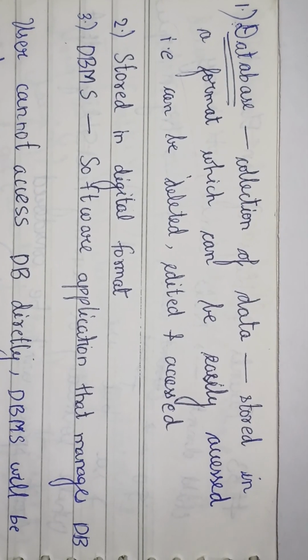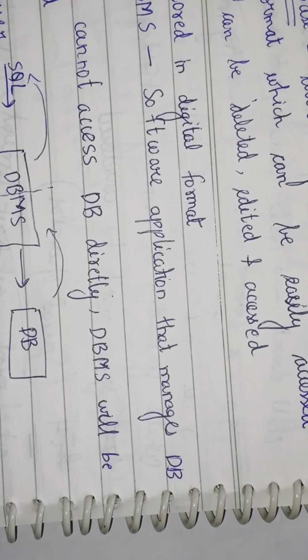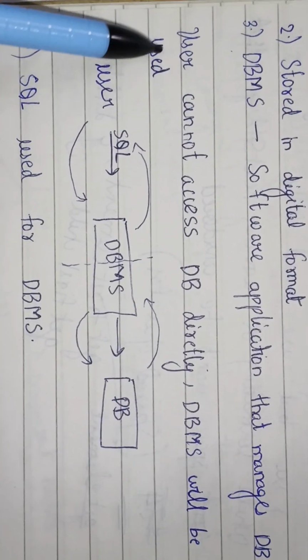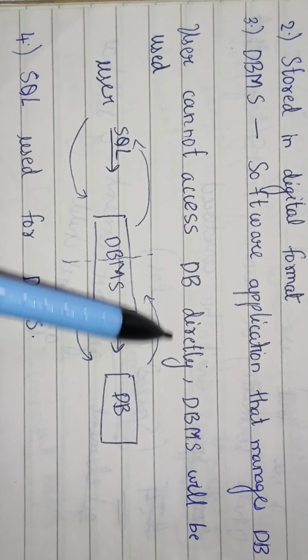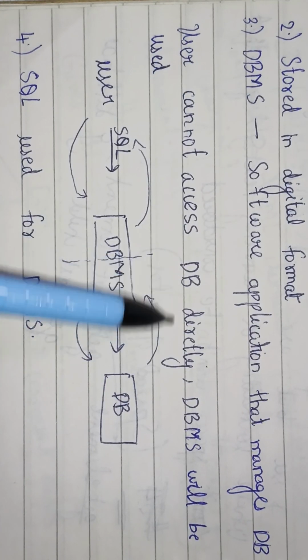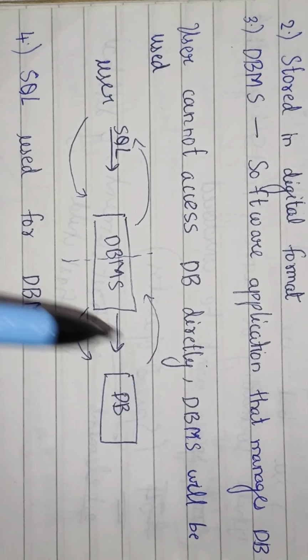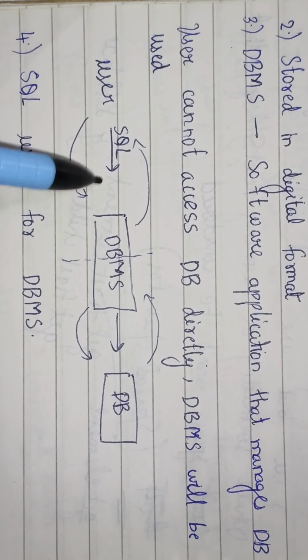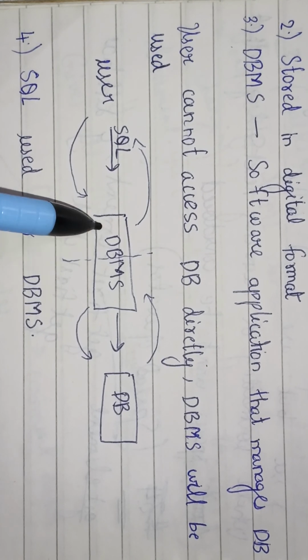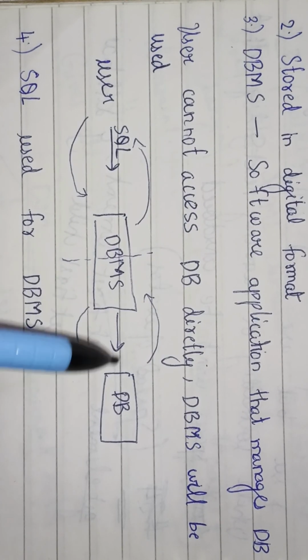So, why do we have this concept of DBMS when you have database? You have a user. User cannot access the database directly. So, we will use DBMS there. User will run an SQL query on the database management system application. This DBMS application will fetch that query.